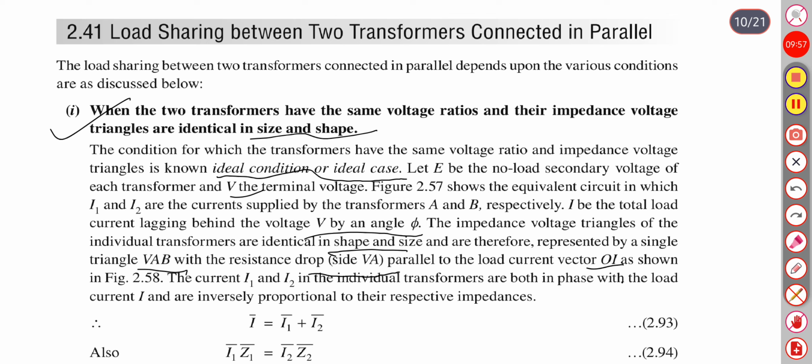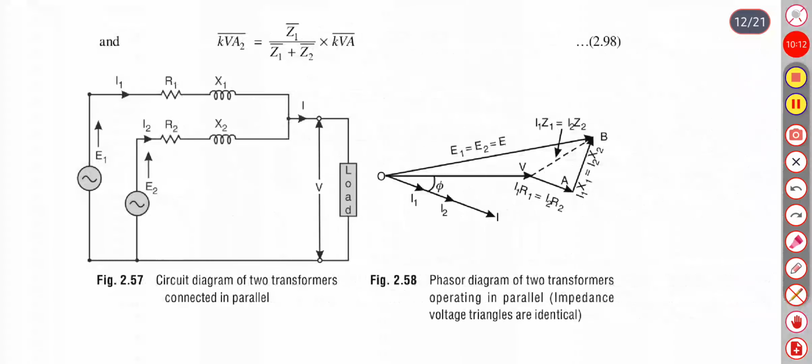The currents I1 and I2 in the individual transformers are both in phase with the load current I and are inversely proportional to their respective impedances. Here two transformers are in parallel supplying current I to the load.